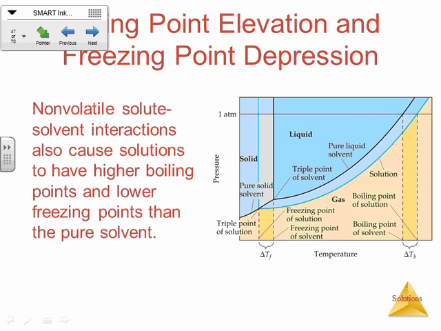So when you put a solute into water, remember, for something to freeze, those intermolecular attractions between the water molecules actually have to kind of solidify, right? They have to strengthen a little bit, or the molecules have to stop moving so quickly so that they can sort of stay in place. If you have a solute in there, that kind of gets in the way of that freezing process.